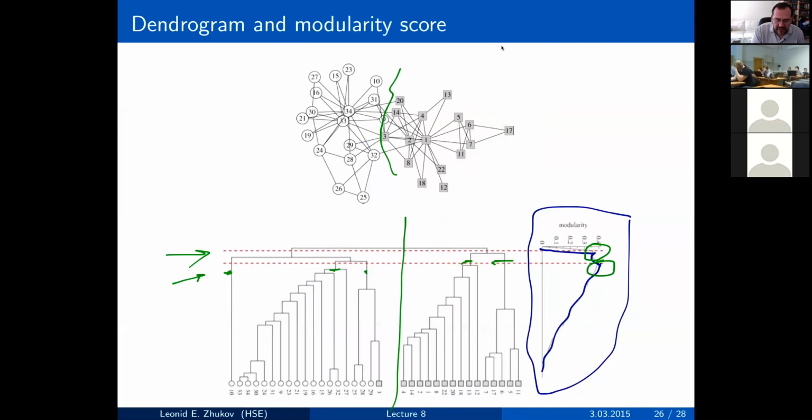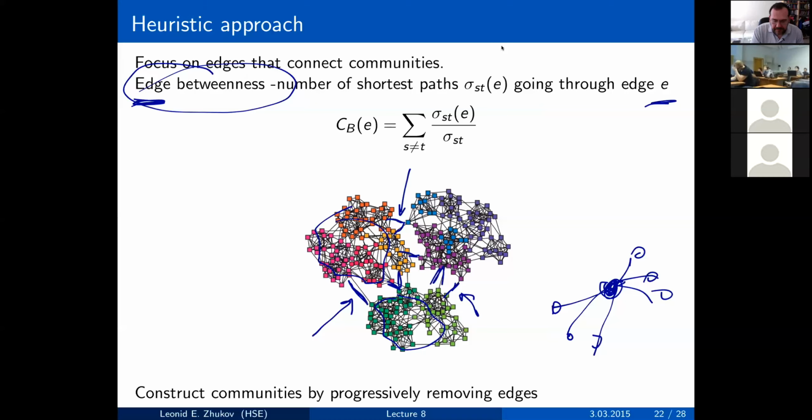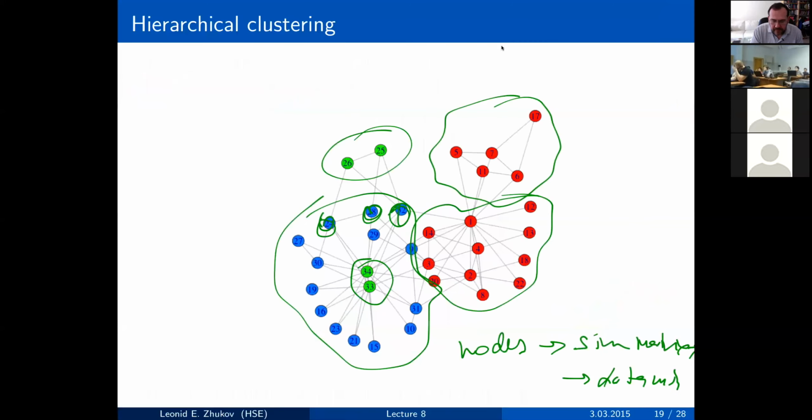I'll go back for a sec to this picture. So what happened is the optimal modularity would actually correspond to almost this partition, right?